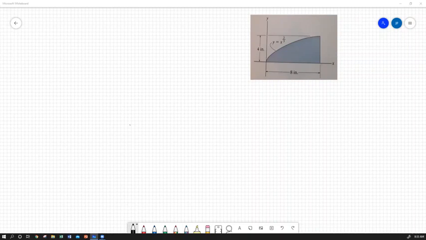Okay, so we'll start with the definition of centroid, basically, or center of mass, if we throw in density.